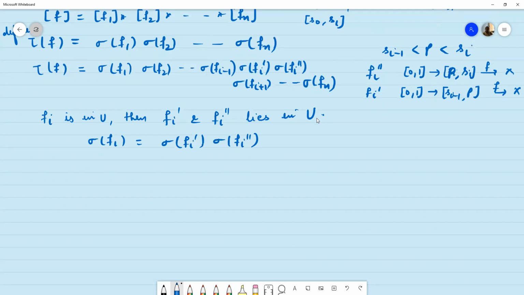Up to this point, we have defined a mapping which maps each path in space X to an element of H, and it satisfies two conditions: if two homotopy classes are the same, then their images are the same under tau, and secondly, if f * g is defined, then tau of f * g is equal to tau f times tau g. That means it satisfies the condition to be a homomorphism.